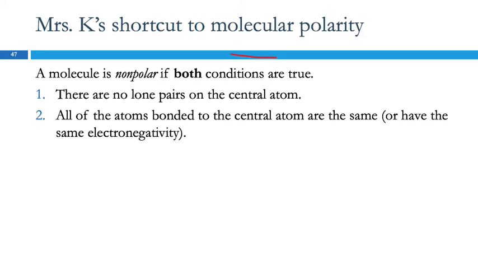Those polar bonds have to be opposing each other equally in three-dimensional space. When you stick a lone pair on the central atom, that makes it lopsided automatically. If you've got polar bonds and a lone pair, the molecule's polar. If all the atoms bonded to that central atom are not the same, if one of them is higher in electronegativity, that's going to pull the electrons and it's going to be a polar molecule.